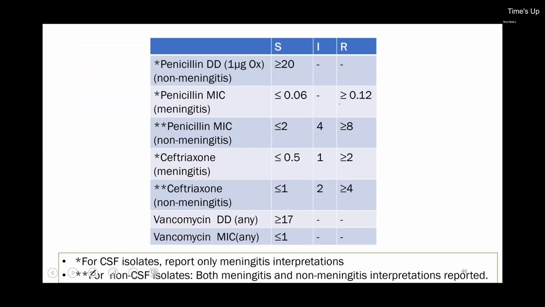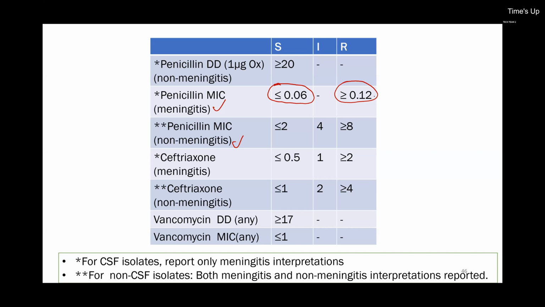One important thing is that there is a breakpoint difference between EUCAST and CLSI. Both have penicillin meningitis and non-meningitis breakpoints, but their breakpoints are highly variable. CLSI keeps for meningitis 0.06 as susceptible, 0.12 onwards as resistant.